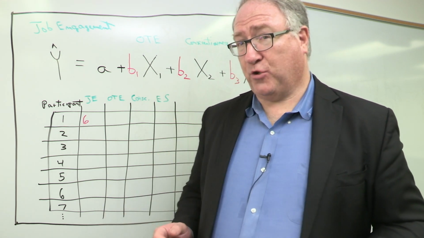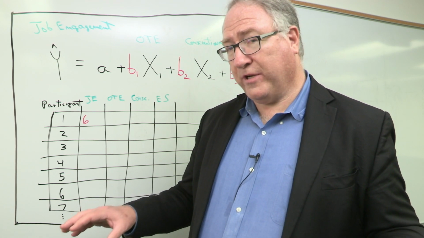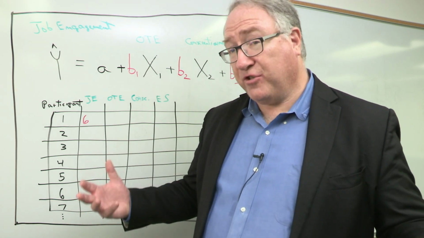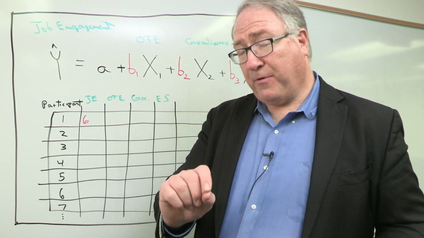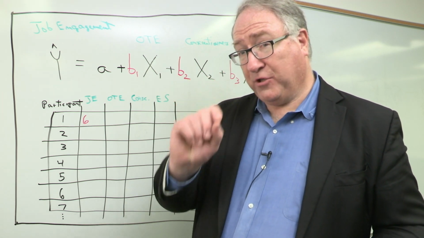But they're going to get a second score too, but I'm going to keep you in suspense as to what that second score is, that second value on the outcome variable measure. In this case, the job engagement measure. But there's going to be for each participant in your sample a second score on that outcome variable measure.